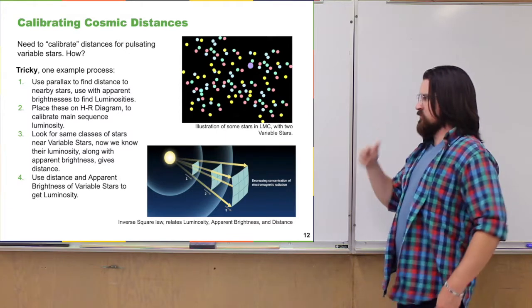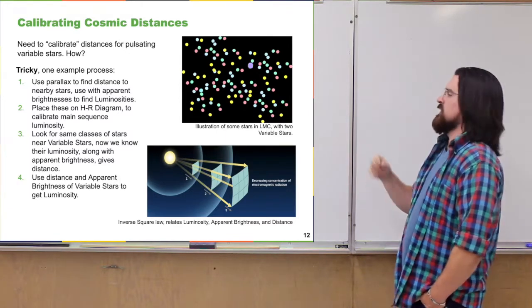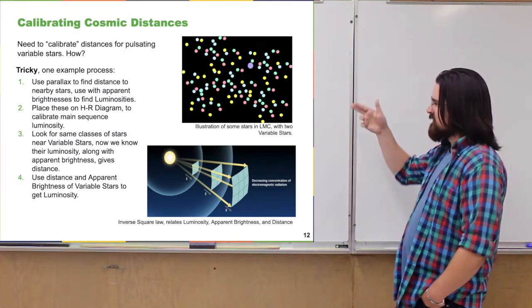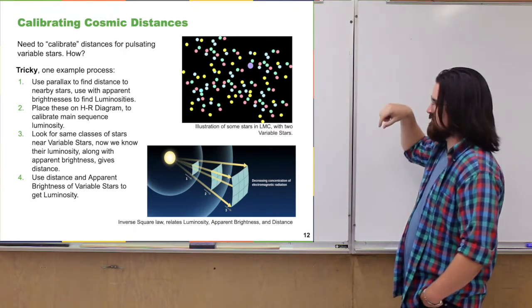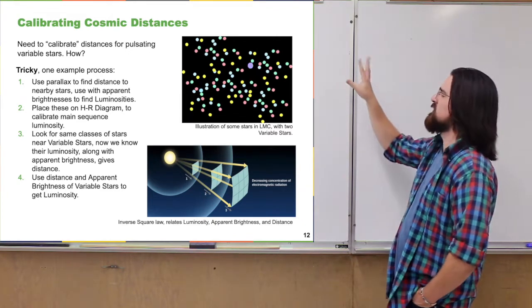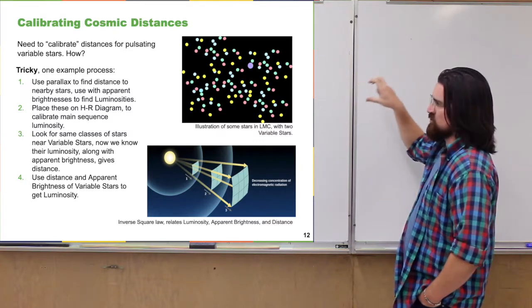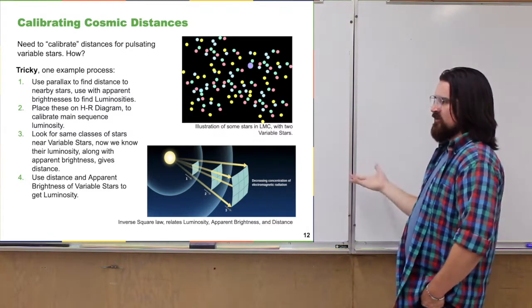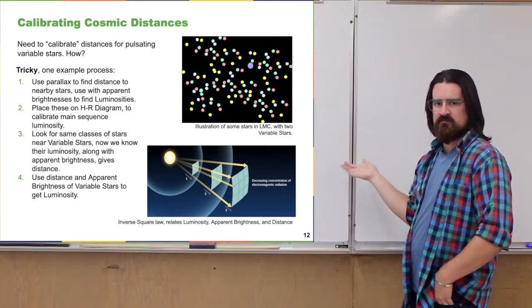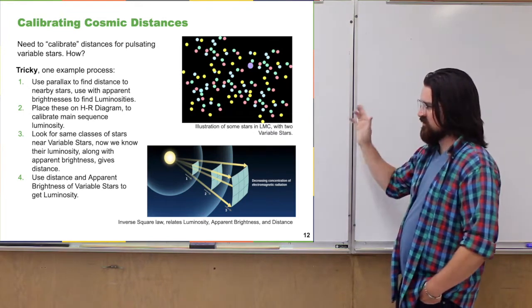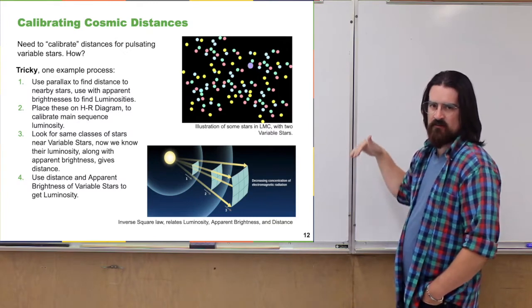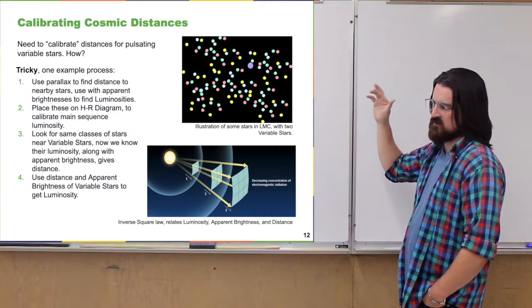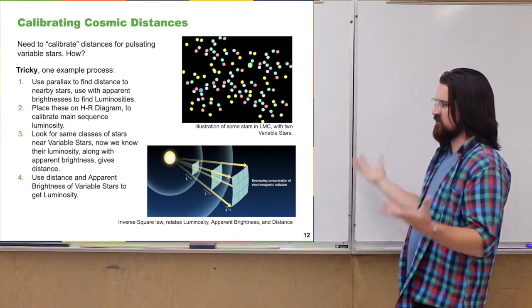temperature to its luminosity, then we go back to looking out further around these variable stars, so like back out to the Large Magellanic Cloud, and look at other stars around those that fall nicely on our HR diagram, right? We can measure their temperature, which from the HR diagram would give us their luminosity, tell us how much energy they're actually putting out.